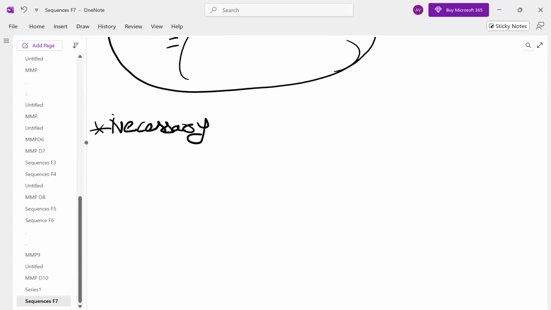Any doubts, madam? Minus 1 whole to the power of n. If n is even, if n is odd, 1 is minus 1 plus 1 like that. But in the limit n tends to infinity. What is your problem?